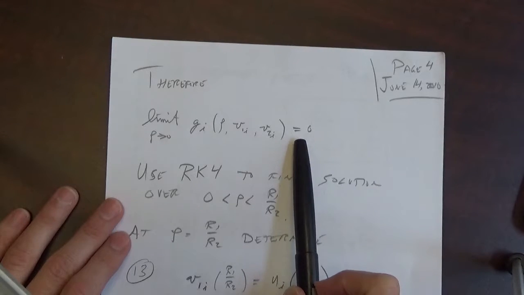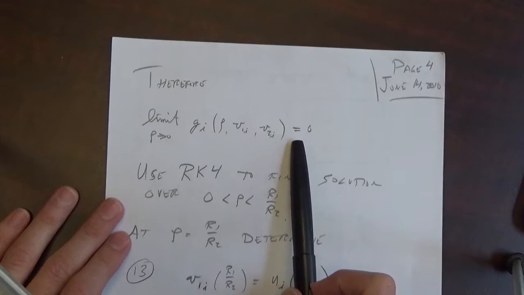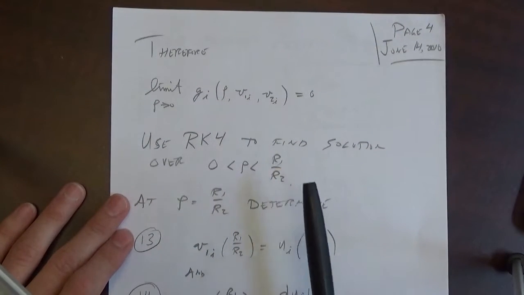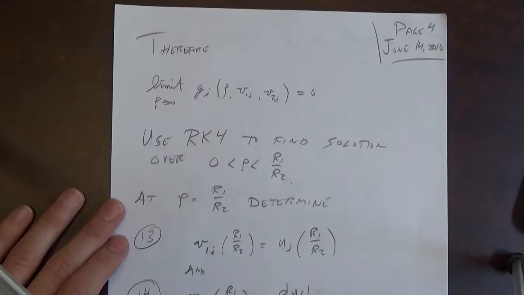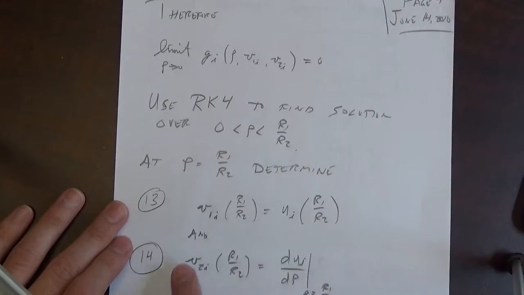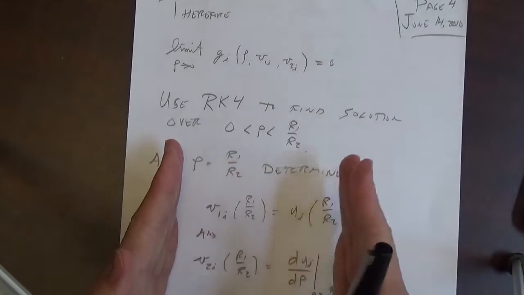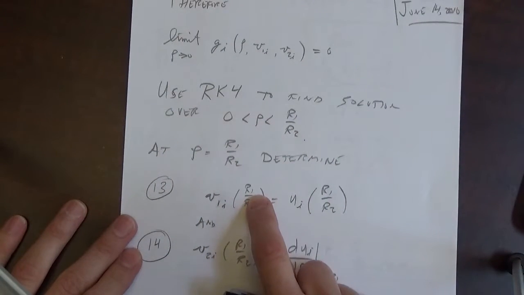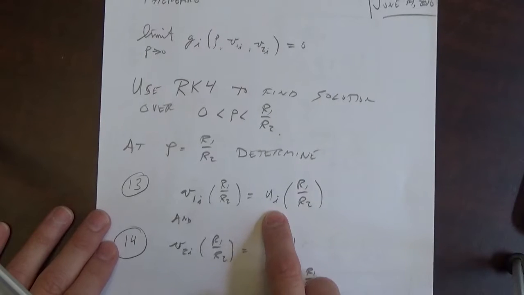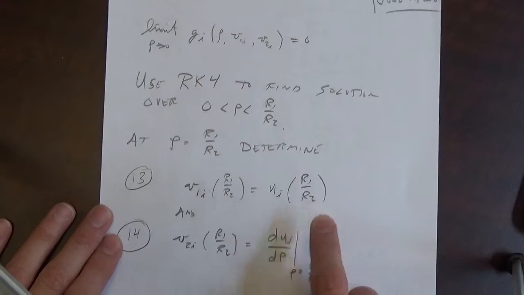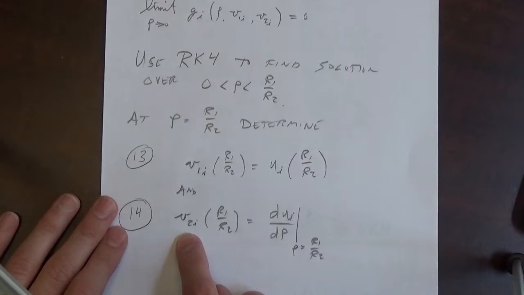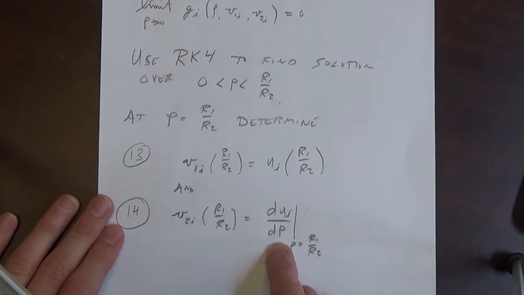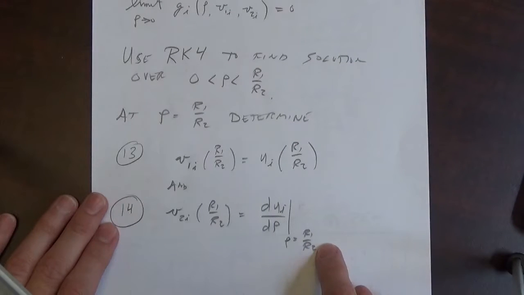And we're going to use that in the first iteration of our Runge-Kutta. And that's, again, solving from 0 less than rho less than r1 over r2. And after we solve this, we're going to start at the interior and solve up to the edge, and we're going to wind up with v1i at r1 over r2 is equal to u1i over r1 over r2, and v2i at r1 over r2 is equal to the derivative of ui with respect to rho at rho equal to r1 over r2.